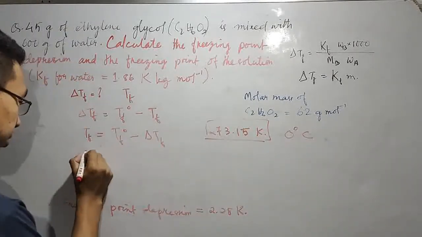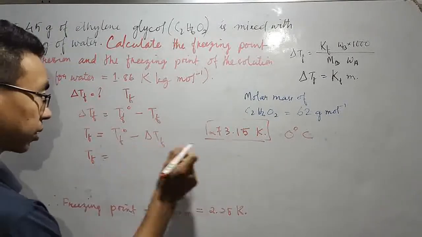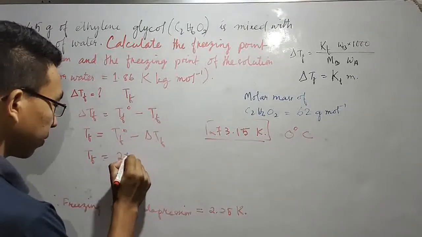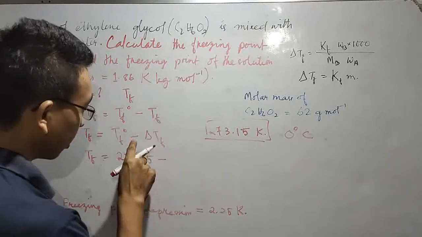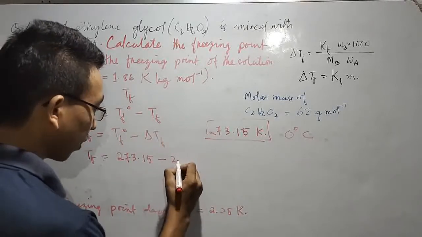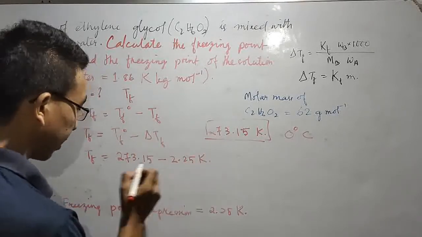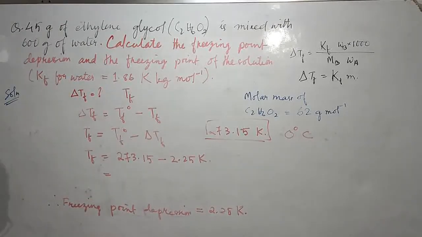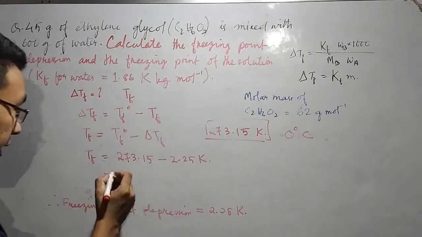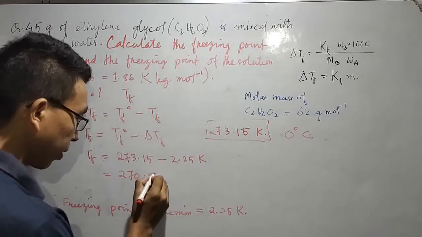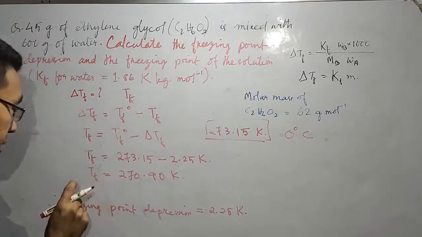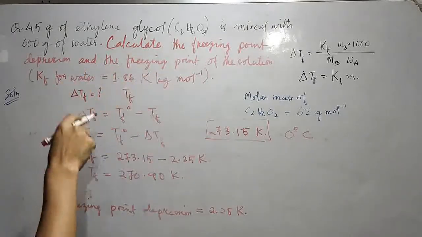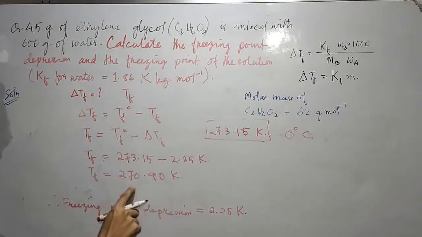So TF is equal to 273.15 Kelvin minus 2.25 Kelvin. If we subtract this, we get around 270.90 Kelvin. Therefore the freezing point temperature of the solution is 270.90 Kelvin.